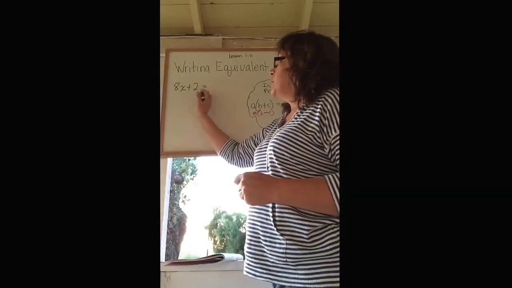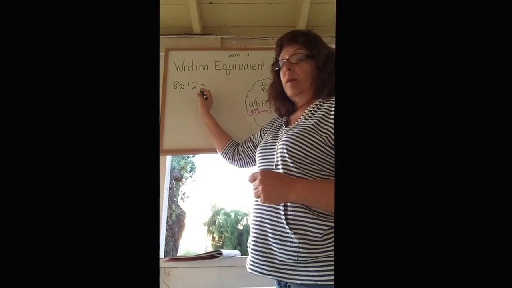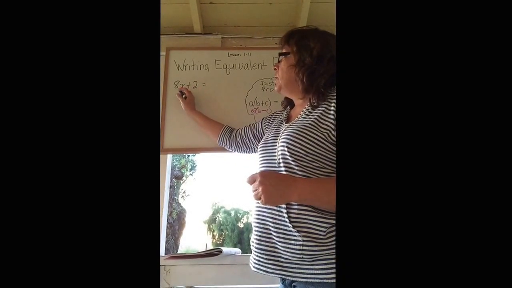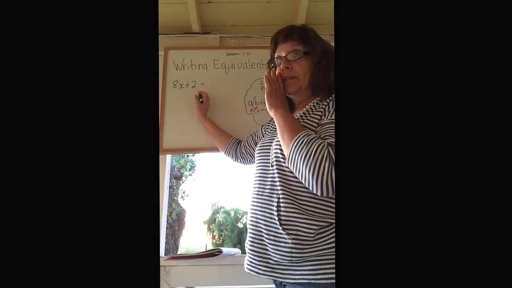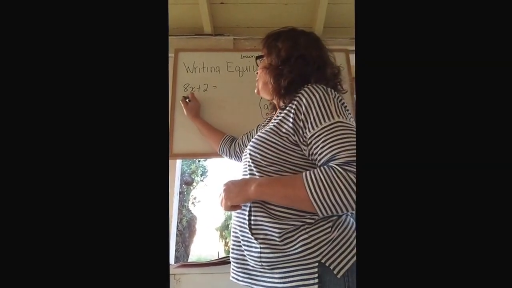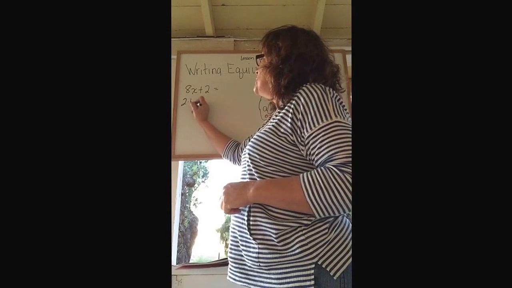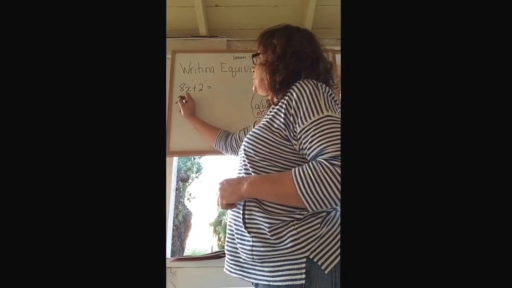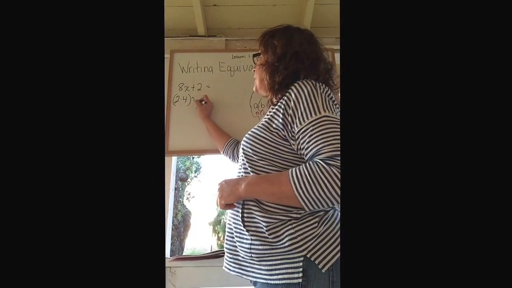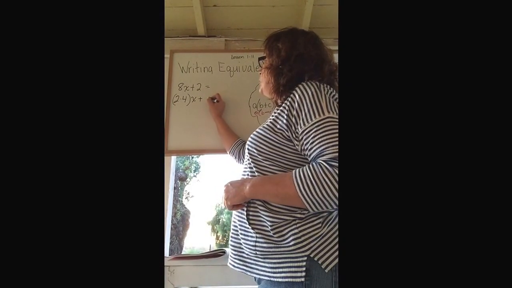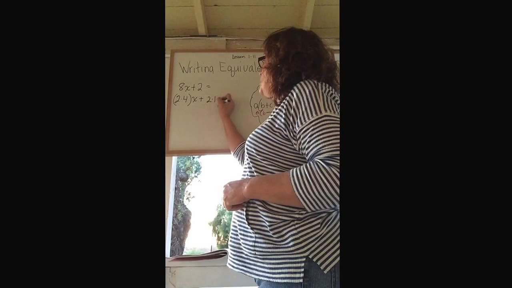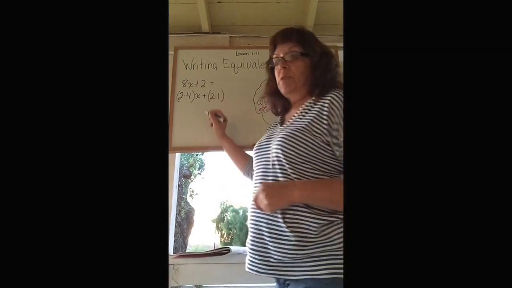What common factor do we have for 8 and for 2? Hint, it's 2. So 2 times 4 is going to give you 8x, and 2 times 1 is going to give you 2.